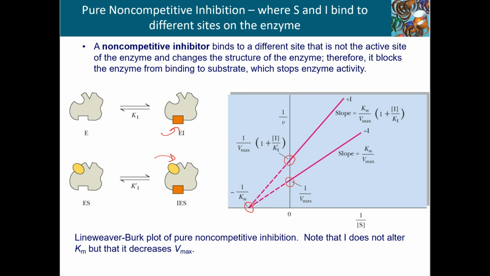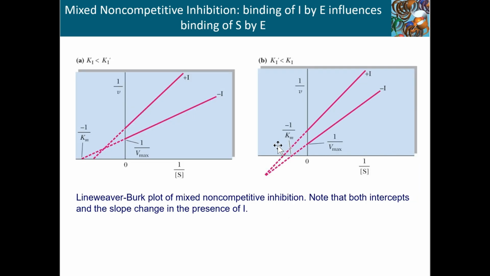Now, like I said, this is kind of an ideal, because in reality, you mostly get mixed non-competitive inhibition, or as I referred to it earlier, impure. Basically you're seeing intercepts that are not on the x-axis, where you're having changes to both Km and Vmax, because the reality is you're just going to be altering the enzyme's tertiary structure by interacting with it with the inhibitor.